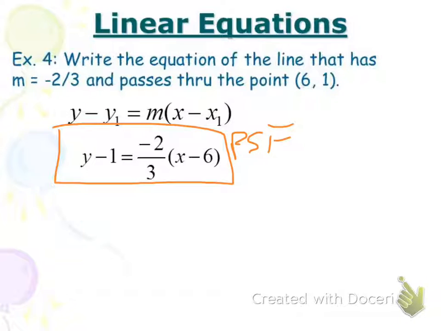Next. All right. Now, if I want it in standard form, let's put it in standard form. How would we put this in standard form? Every other form, we got to get rid of this parentheses, right? So distribute the negative 2/3, and that'll give us negative 2/3 x plus 4.